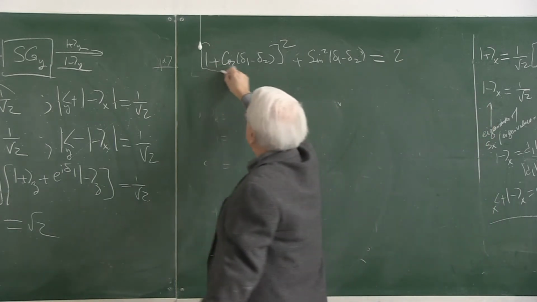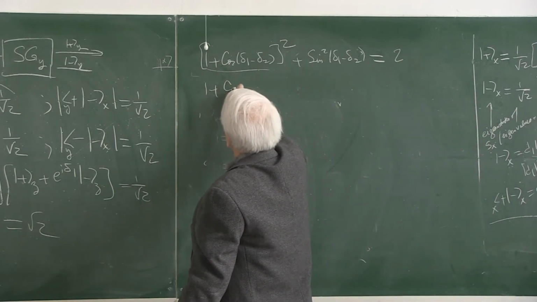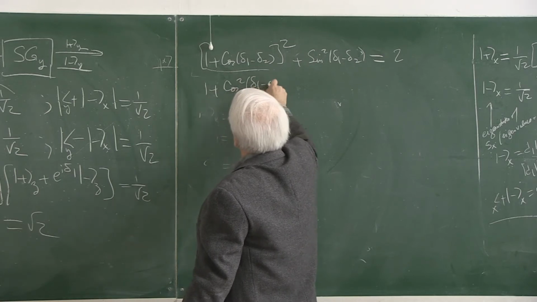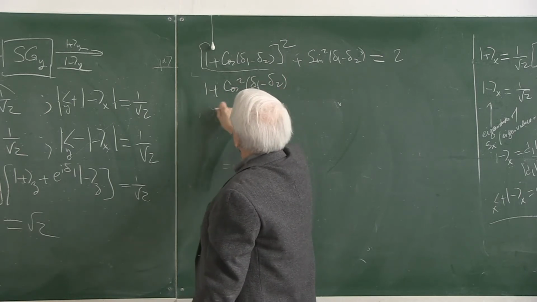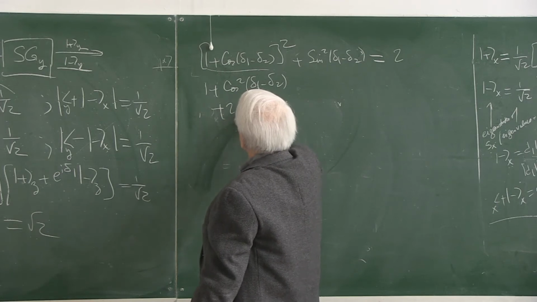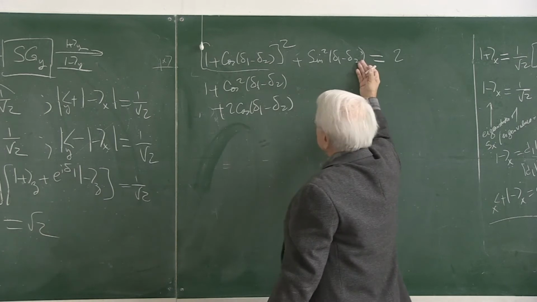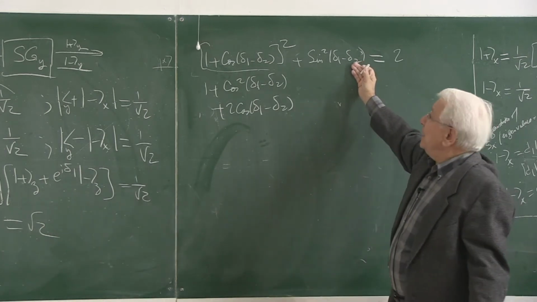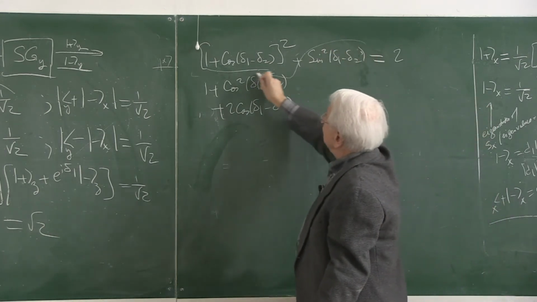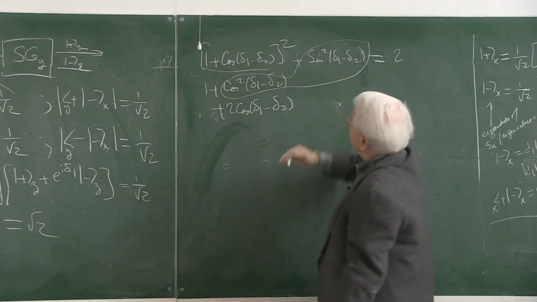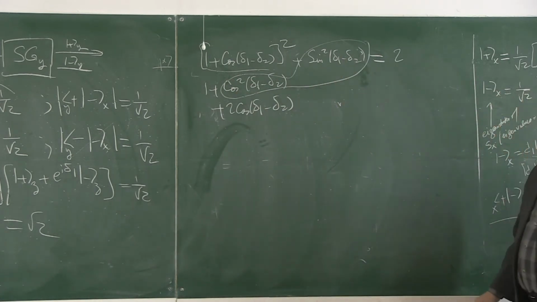Notice that from here I have 1 plus cosine squared of delta 1 minus delta 2, plus twice cosine of delta 1 minus delta 2 from here. And here's the sine squared, the second term. Let's combine these two terms, which gives you another 1.